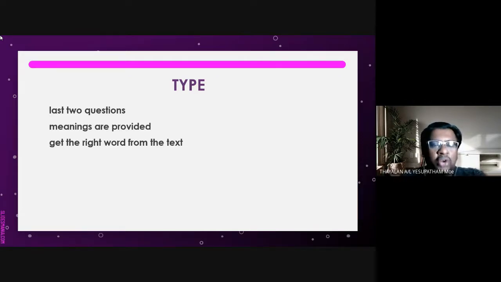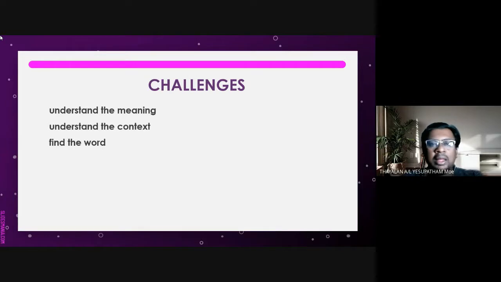So what you've got to do is make use of those two meanings, and those meanings will serve as clues for you to get the right answer from the text. You need to understand the meanings and get the right word from the text.